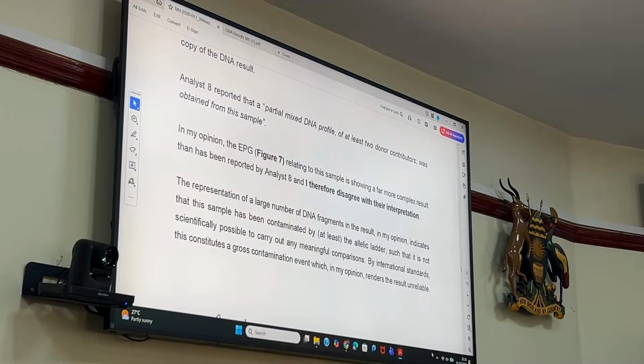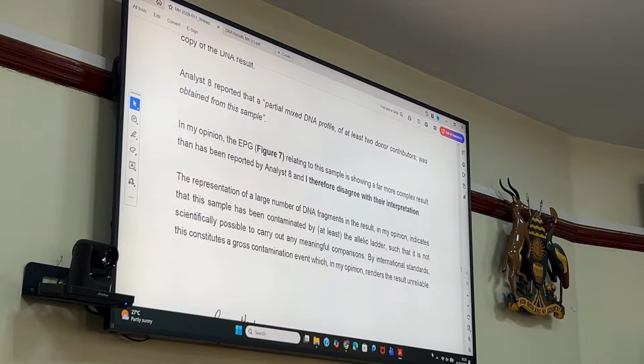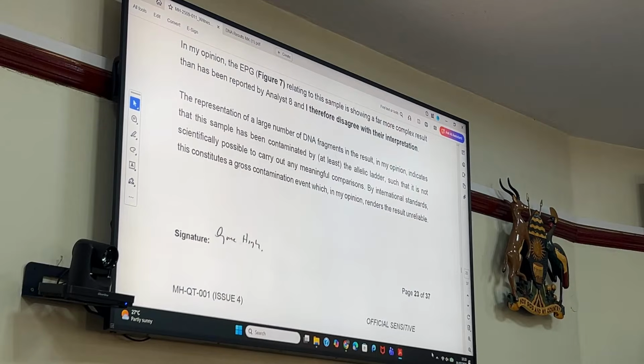In my report, the EPG relating to this sample showing far more complex results than has been reported, and I therefore disagree with their interpretation. The representation of a large number of DNA fragments in the result, in my opinion, indicates that this sample has been contaminated by at least the allelic ladder, such that it is not scientifically possible to carry out any meaningful comparisons.